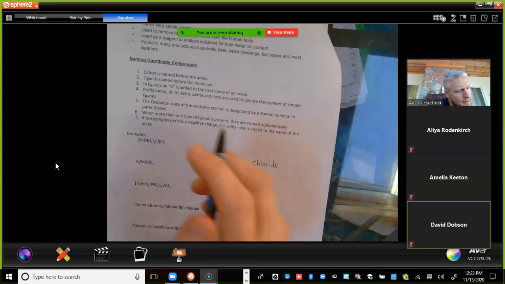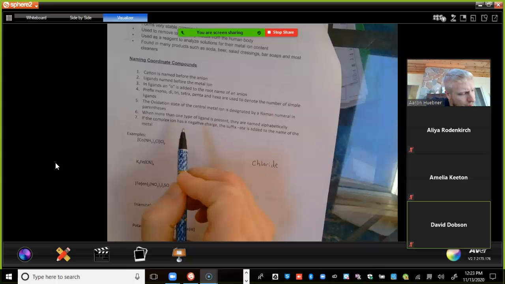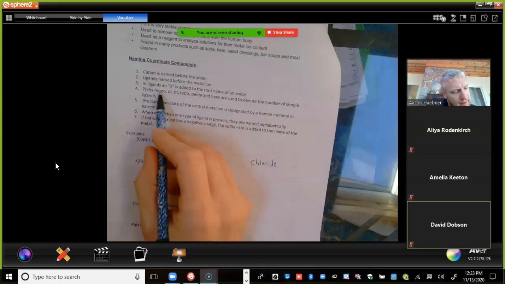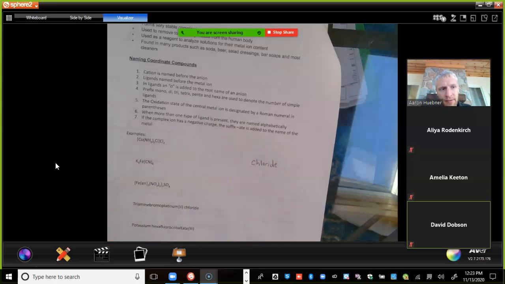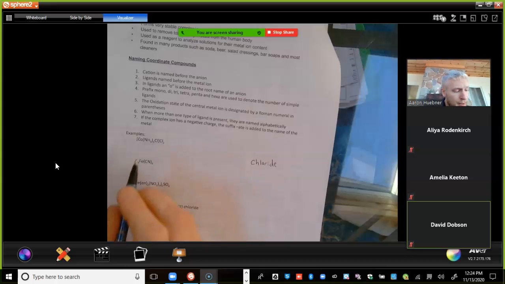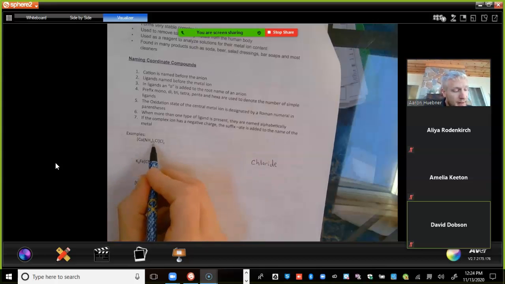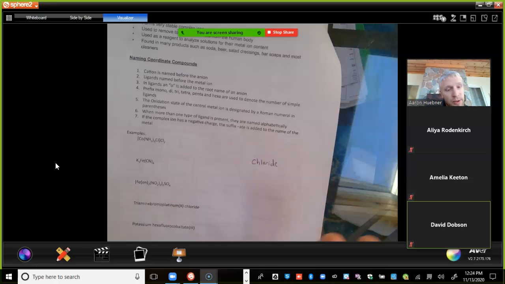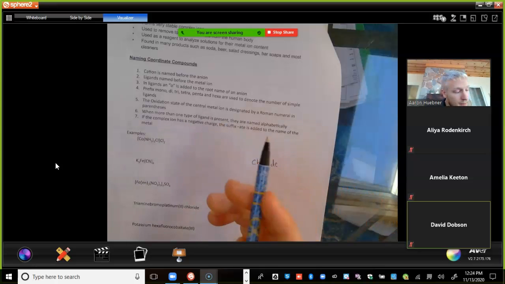I've got to change that there, because if you just have one, you don't necessarily need a prefix for naming this. So we're not going to need monochloro for that one. But we do need the penta for the amine. But then which one comes first, the chloro or the amine?